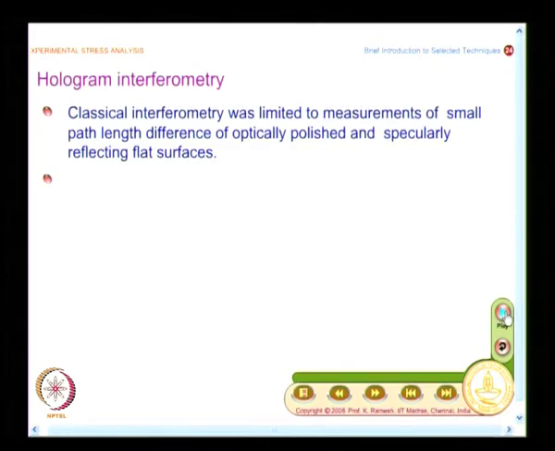In fact, when holography was developed in 1948, Gabor had only a mercury arc lamp. So, the technology was not sufficient to exploit the full potential of holography at that time. It is only after lasers were invented and were available for common use that the interferometric techniques had a boost.